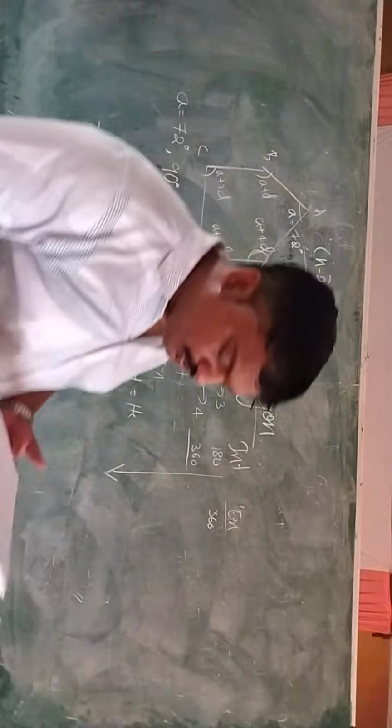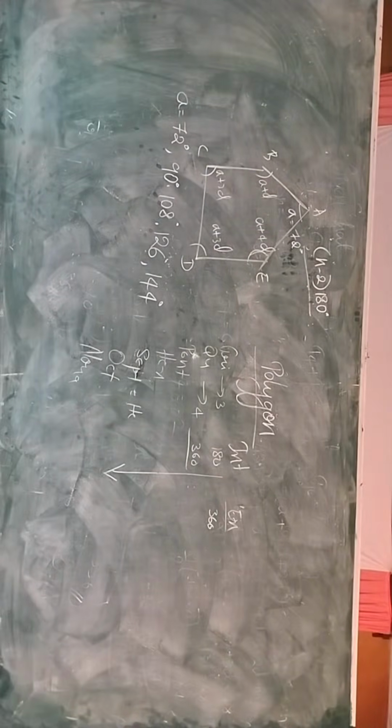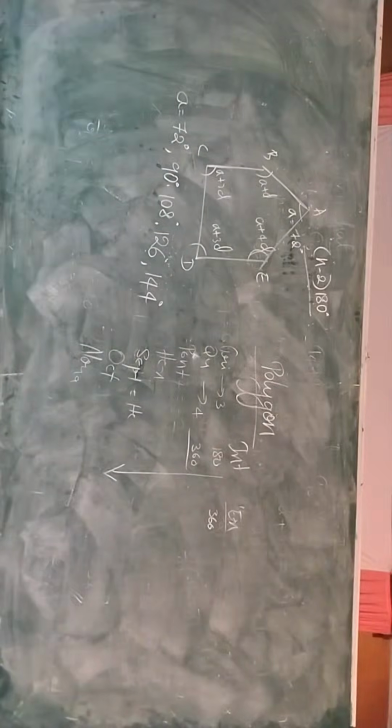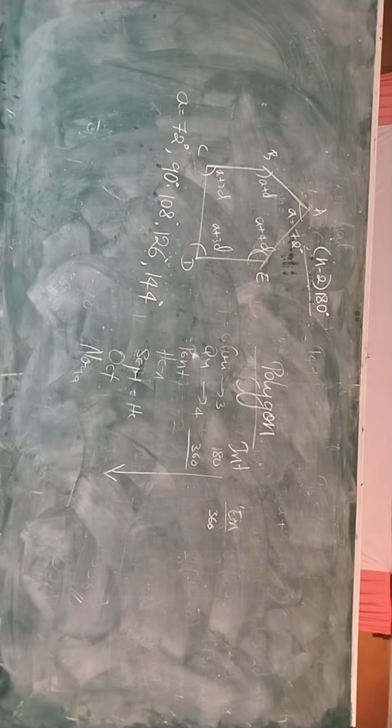One more example, note down. The angles of a quadrilateral are in arithmetic progression.